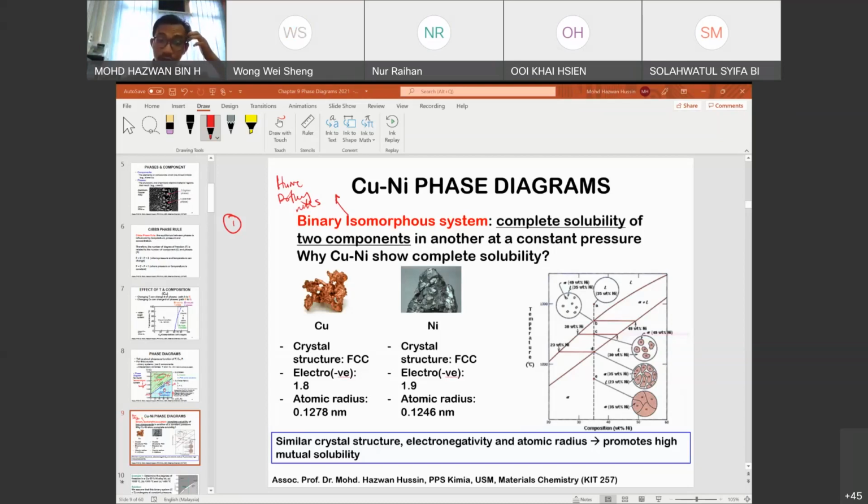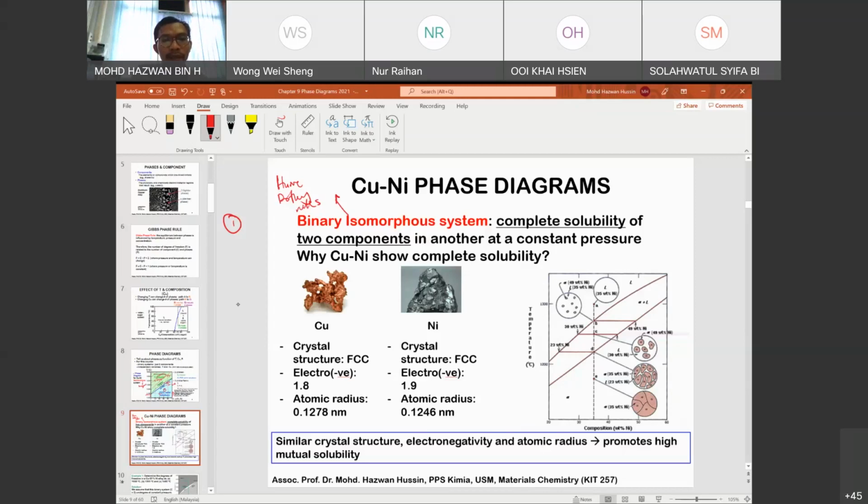Okay, so what would be the first point in Hume Rothery's rule? In order to achieve complete solubility, what do you need? Their atomic radius should be similar, less than 15%. Okay, all right. We are talking about the difference of atomic radius, not more than 15%. But normally I will put that as maybe the third point.